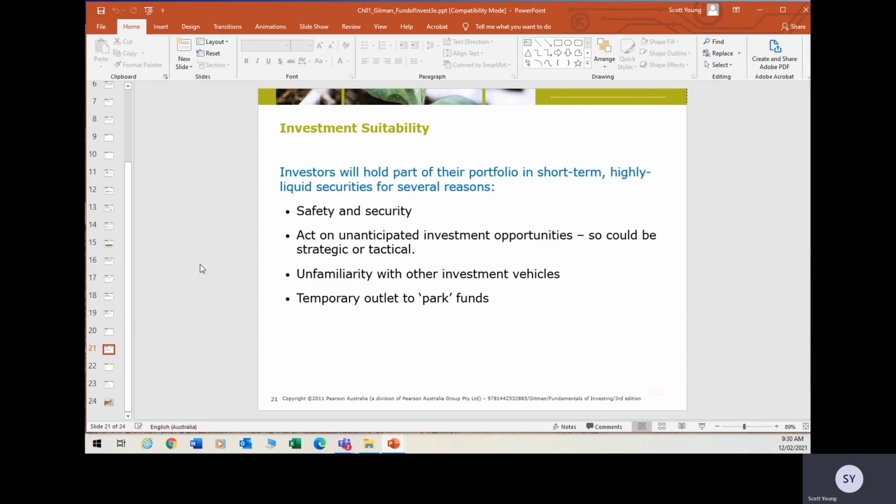They'll adjust their weightings depending on conditions and, of course, their goals and objectives, as we looked at earlier. So there will be times they're in short-term, highly liquid securities. Why? Safety and security. Act on unanticipated investment opportunities, so it could be strategic or tactical.